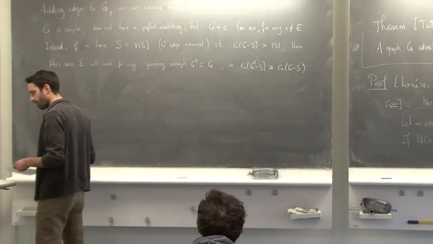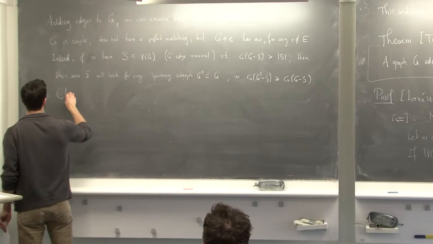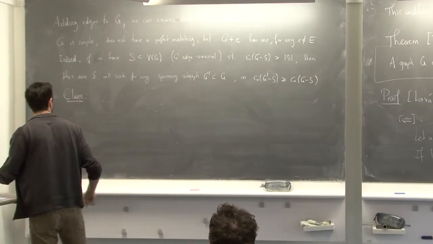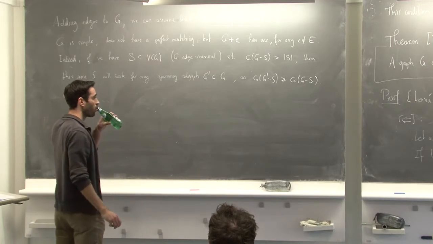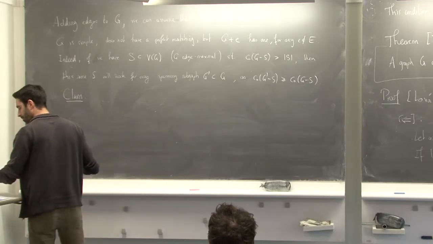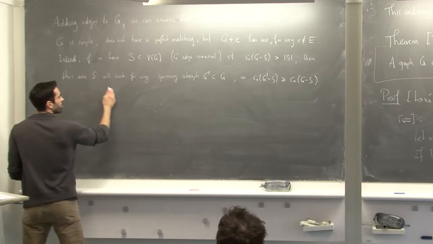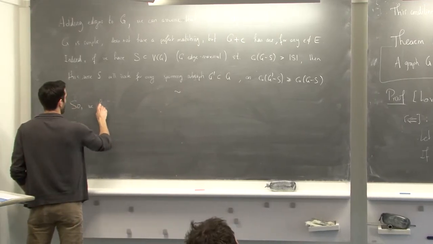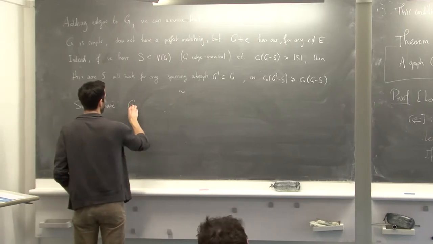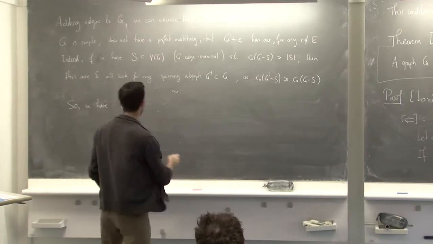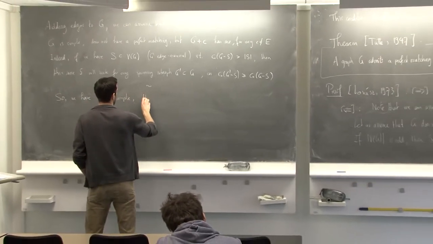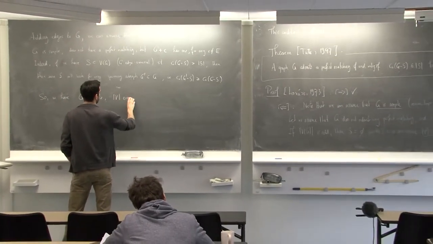Good. Now here's the claim. Before the claim, let's summarize. So we have G that is simple. The number of vertices is even.